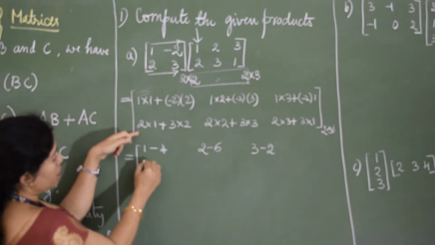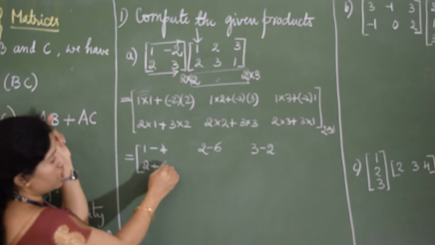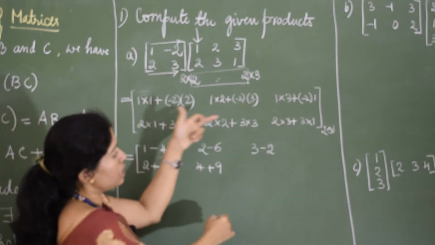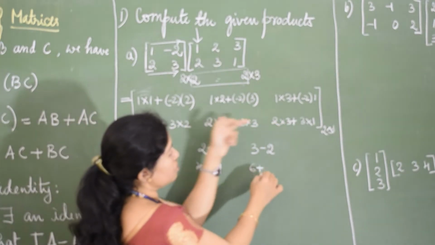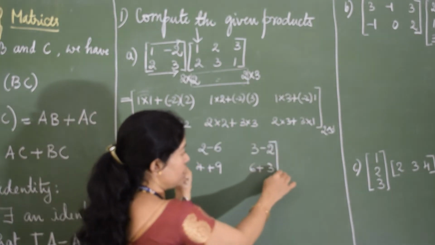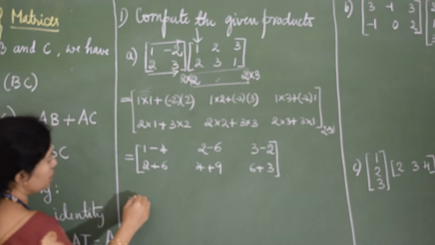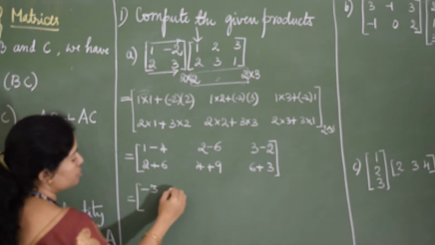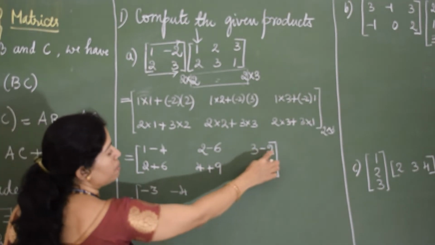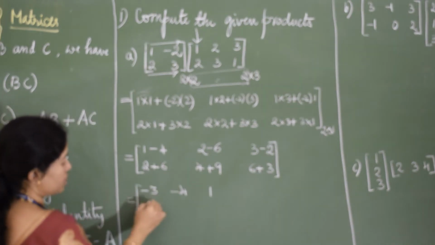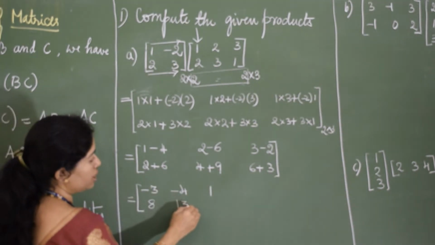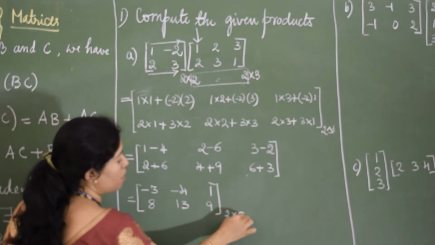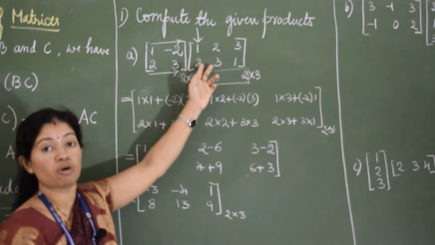Next, 2 into 1, 2 plus 3 2s are 6. Next, 2 into 2, 4 plus 3 3s are 9. 2 into 3, 6 plus 3 1s are 3. Simplify further. So it will be 1 minus 4, minus 3; 2 minus 6, minus 4; 3 minus 2, 1; 2 plus 6, 8; 4 plus 9, 13; 6 plus 3, 9. So we got the product of the given two matrices of different order.